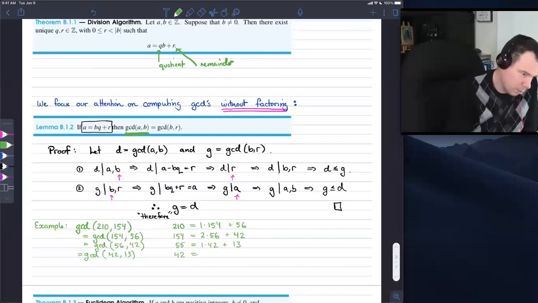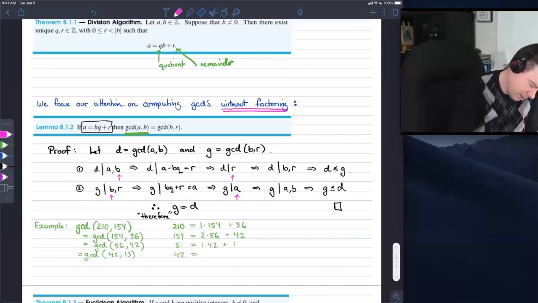Did I get these numbers right? It's not 13, that's why. Sorry, I wrote down 55 and it should be a 56 there. That 56 carries over to that spot. Okay, now we're in good shape because this is now going to be a 14.